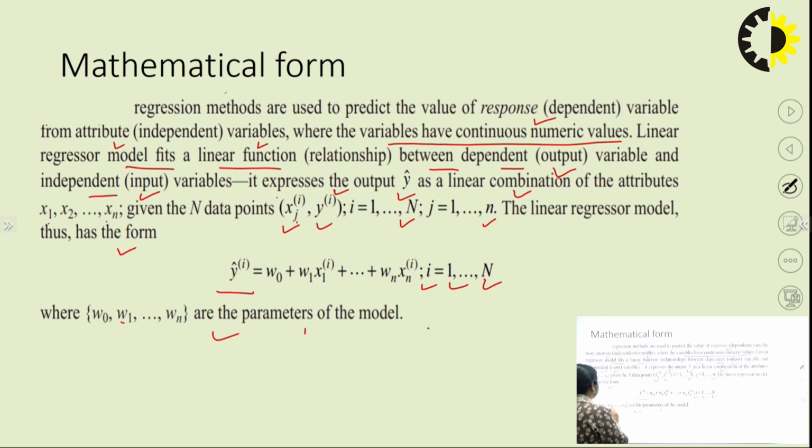These parameters are called weights, and this particular parameter is called bias. So this is our mathematical formula for linear regression when we have n independent variables. From those n independent variables, we are calculating one dependent variable.